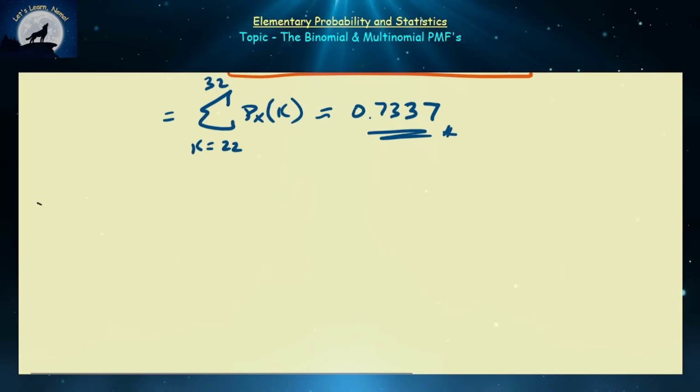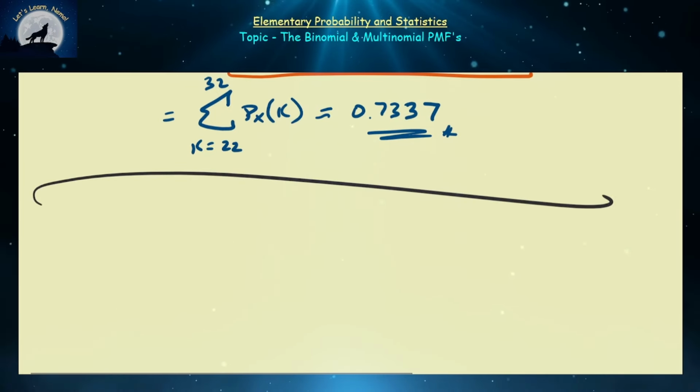Now, before I move on, I just want to mention something, especially if you watched the last video where we discussed the geometric and the negative binomial random variable, because there is one thing that is very similar between binomial and negative binomial, aside from them having the word binomial in their names.